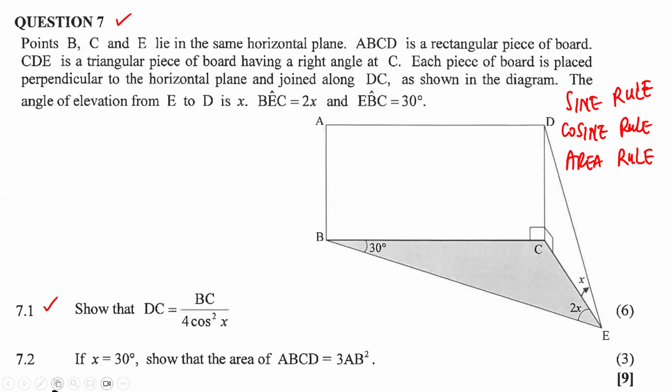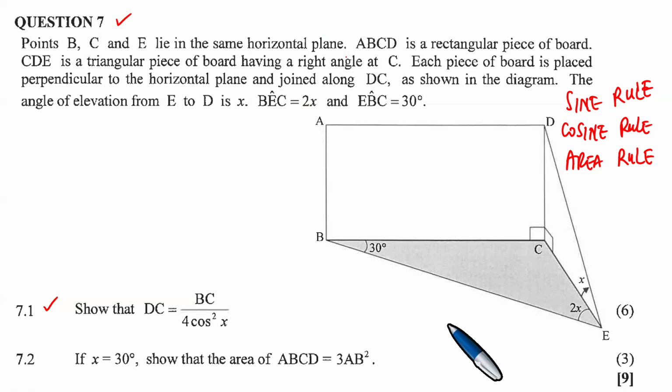First, we read through the question and we make sense of the question, and we examine the extent to which this question can be attempted. So we're saying points B, C, and E lie in the same horizontal plane.